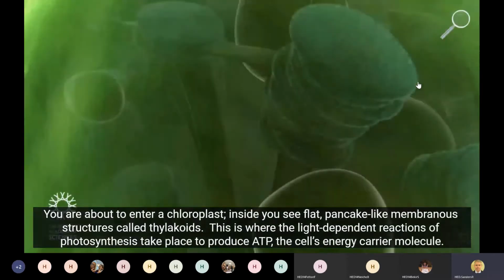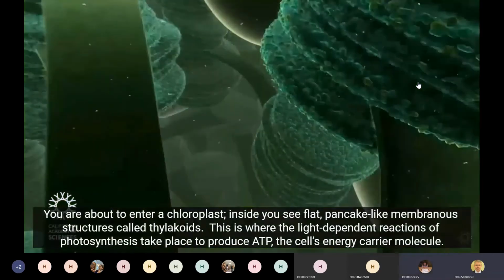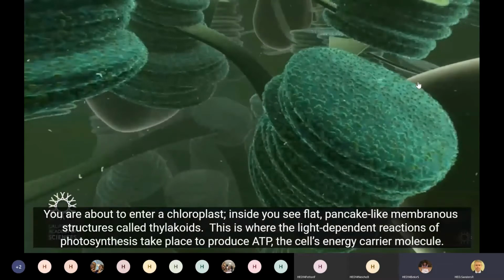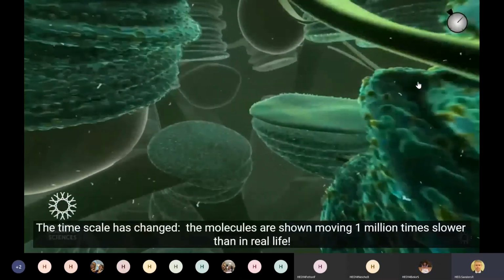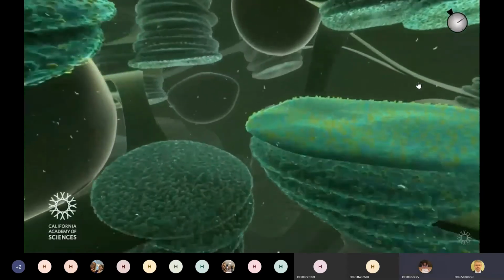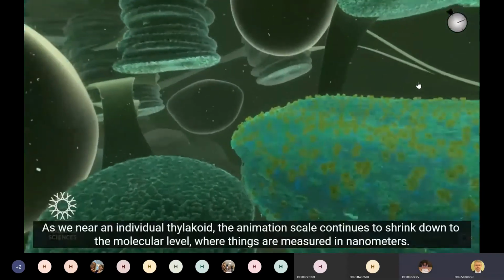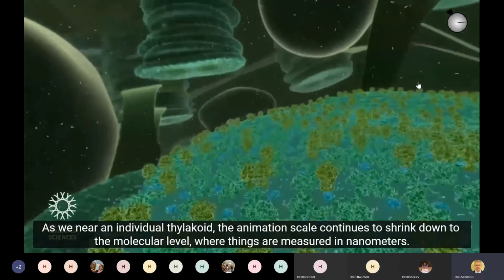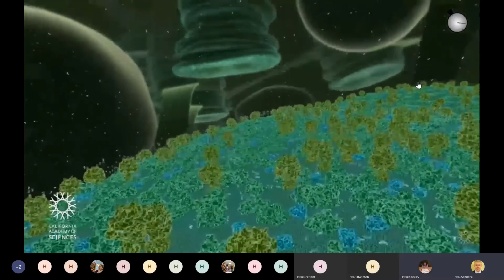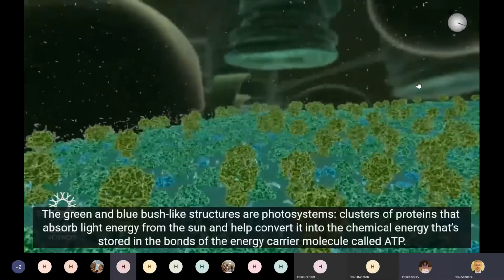Right, so we're inside the chloroplast now. These pancake things are called the thylakoid membranes, and the stuff outside that is called the stroma. We have diagrams for this. A lot of the light reaction takes place on the surface of these membranes.